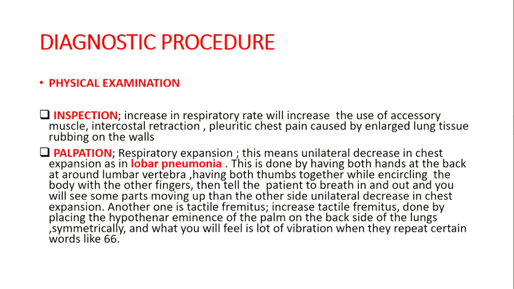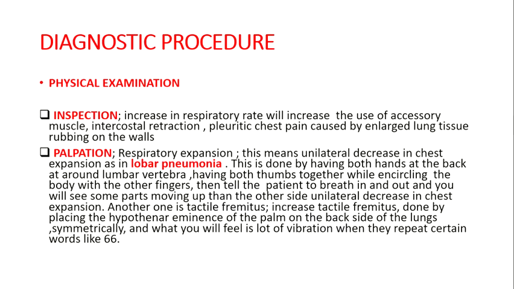you will notice what we call reduced respiratory expansion. This means a unilateral decrease in one side of the chest, and it is common in lobar pneumonia. What you need to do is hold both arms around the back at around the lumbar region. You hold your two arms and try to encircle, and then your patient breathes in and out.